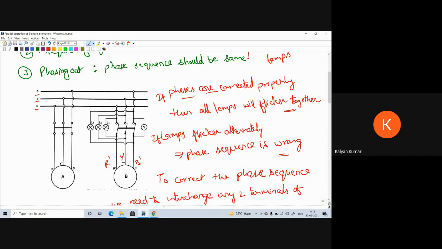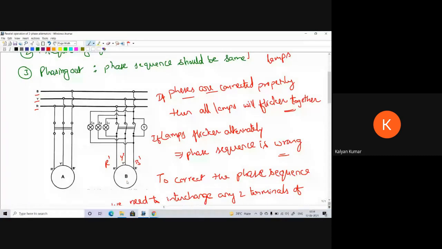We cannot identify the brightness. Therefore, if you close a switch when a certain small voltage is appearing across the lamps, then it will cause a considerable disturbance in the case of large size alternators.